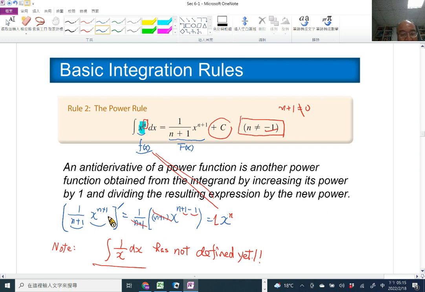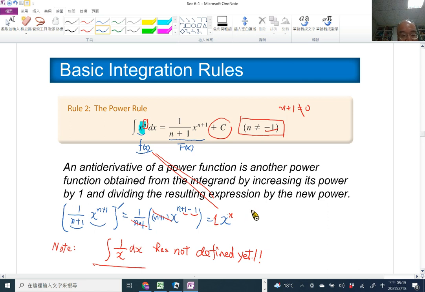We bring down n plus 1, and in the power part, n plus 1 minus 1, and after crossing away n plus 1 from numerator and denominator, we have a 1 as constant.